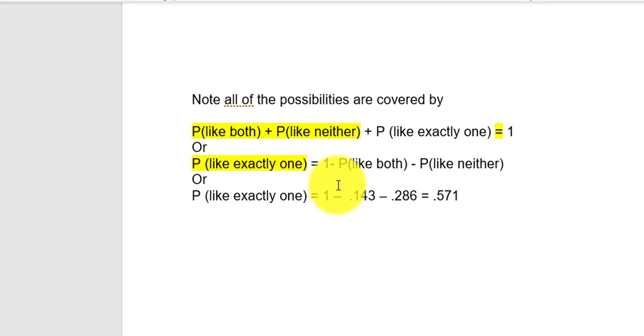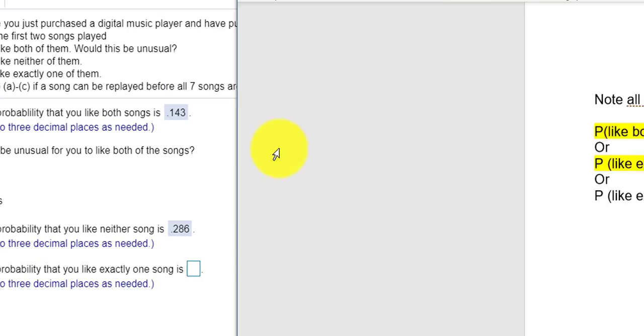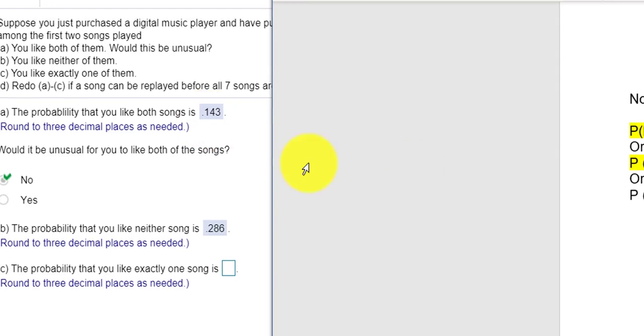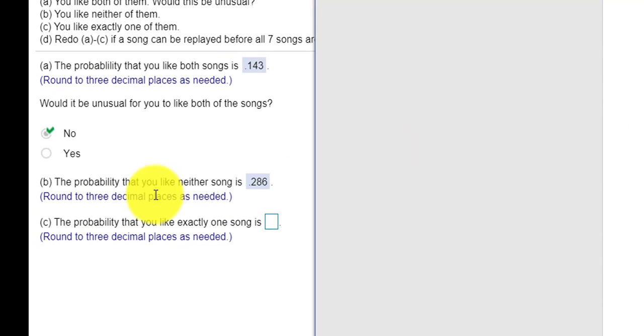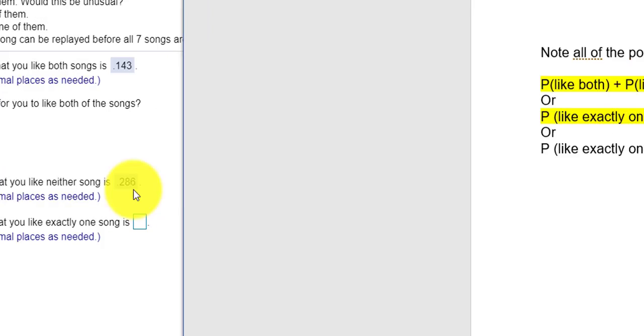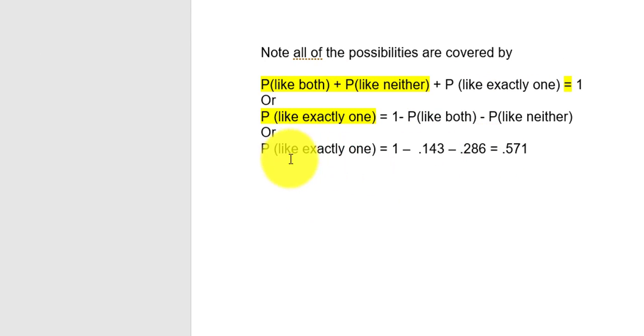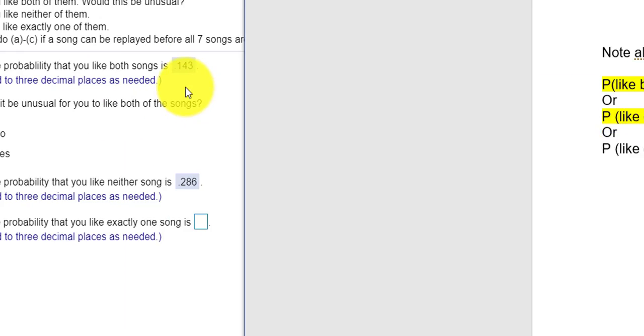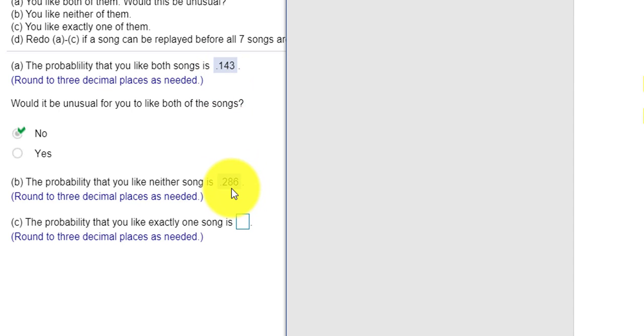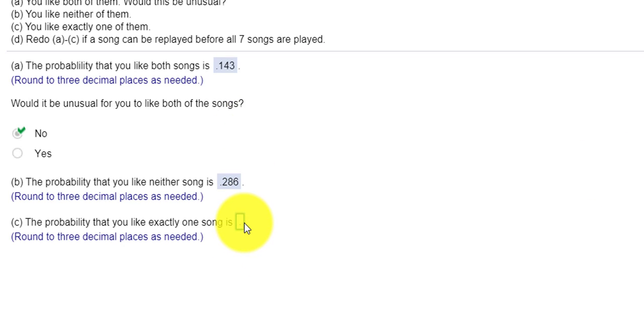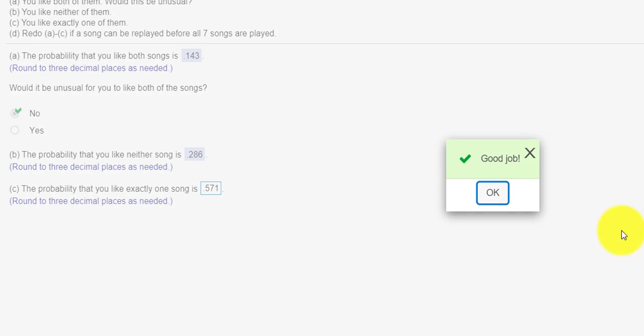So if I do 1 minus the probability of likes both, which we figured out already, it's up here, minus the probability that we like neither, that's this one over here, that should give me the probability that we like exactly 1. So 1 minus 0.143 minus 0.286, I end up with 0.571. I check answer, and we get the good job.